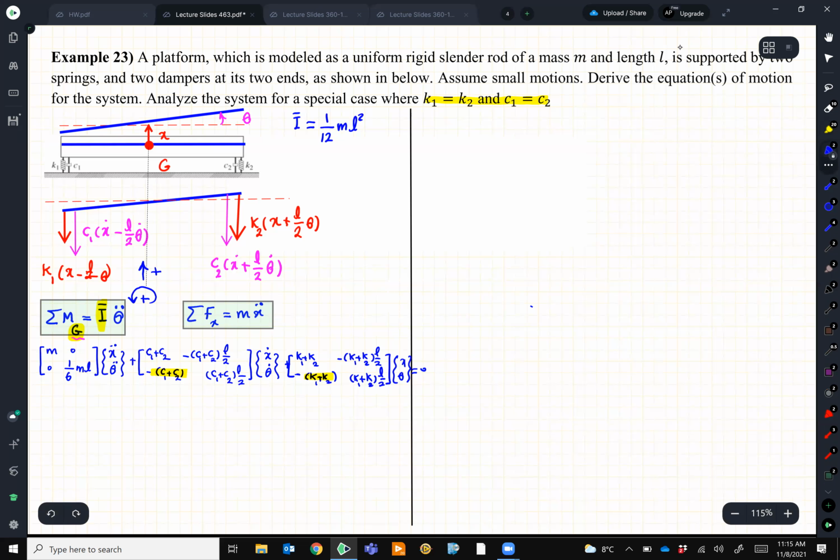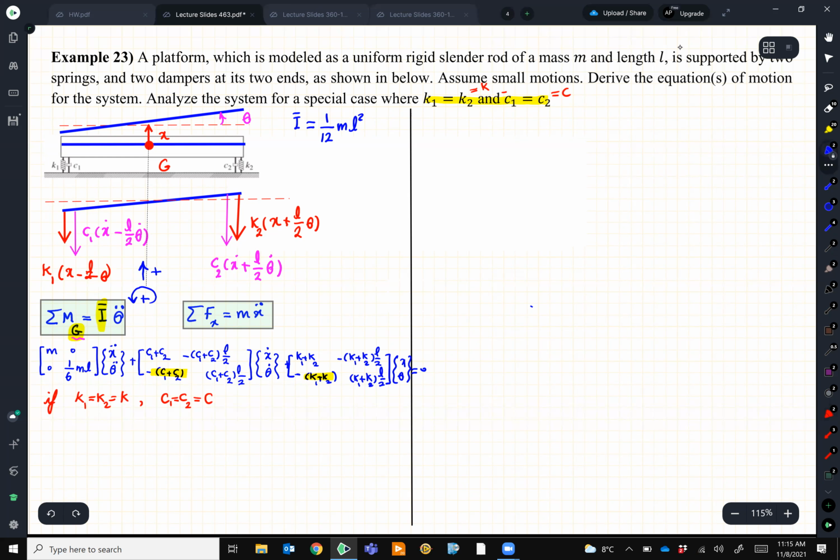So let's say my stiffnesses are equal to K and my dampings are equal to C. So I have a special case: K1 equals K2 equals K, and C1 equals C2 equals C.